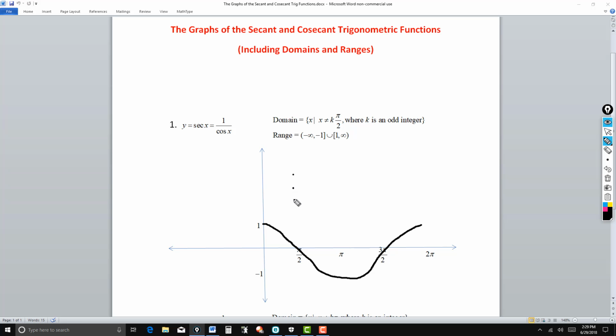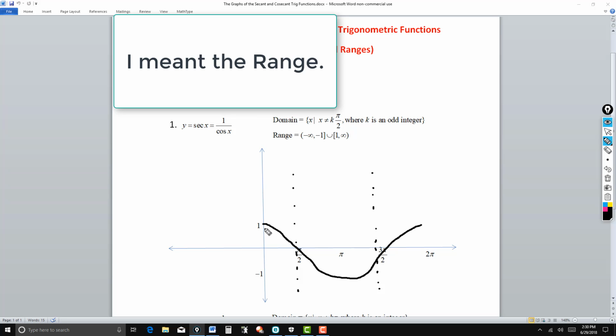So we could actually draw a vertical asymptote passing through the point where x is equal to pi over 2, and also where x is equal to 3 pi over 2. So this is a broken line. The range of the cosine function was everything between -1 and 1. We saw that in the last video, including -1 and 1.